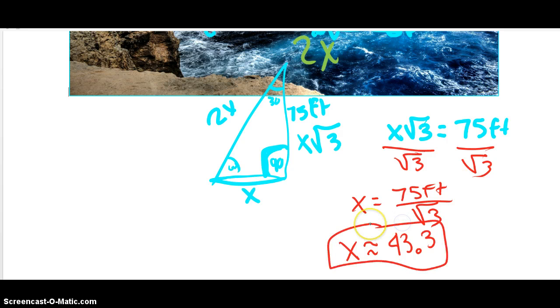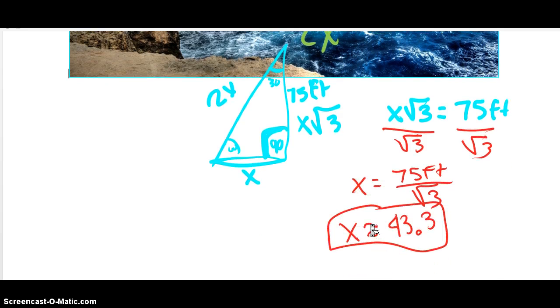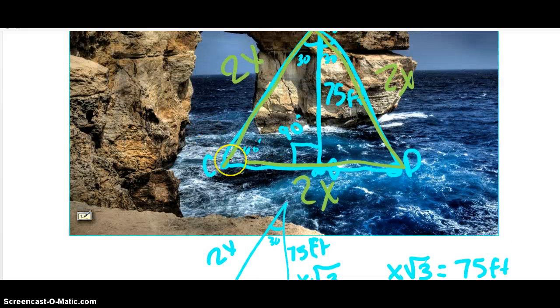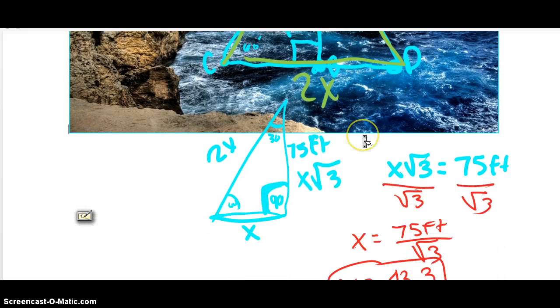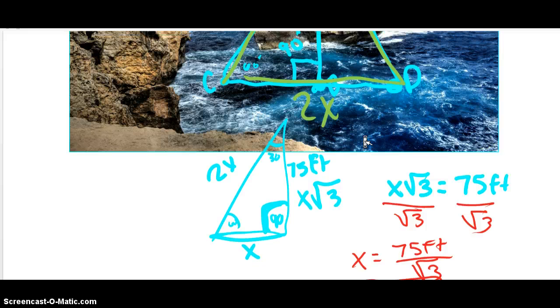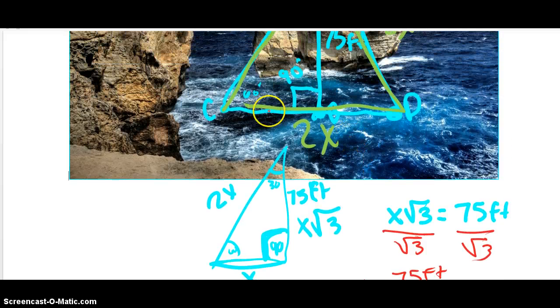Therefore, the problem is asking us for how far it is between the people in the landing point, B, and how far they are from each other. Since they both jumped in opposite directions at 30-degree angles, they both landed about 43.3 feet from the designated point.